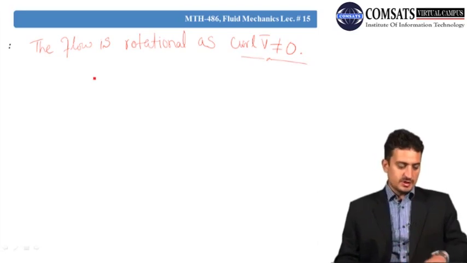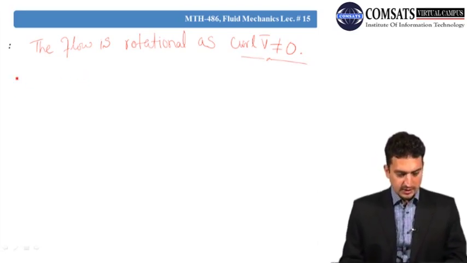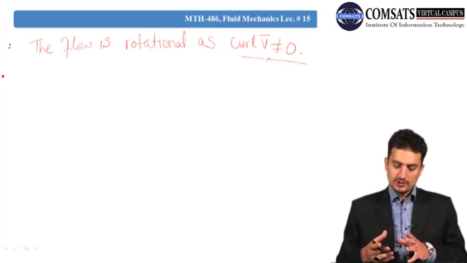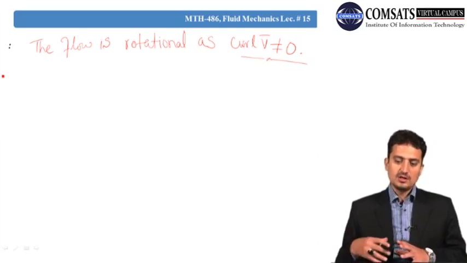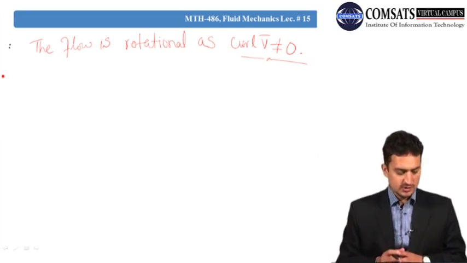So the third thing we found out is that the flow is rotational. This rotation, the movement of the body, is a rotational sort of a thing, and it is different from the irrotational behavior, as we have found out that the curl of the velocity is not equal to 0.